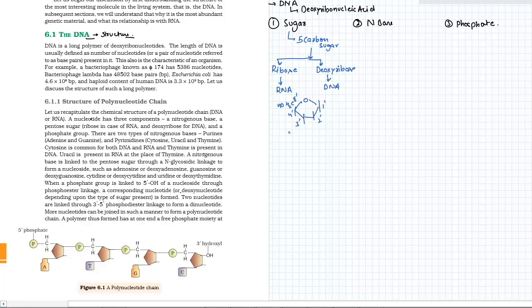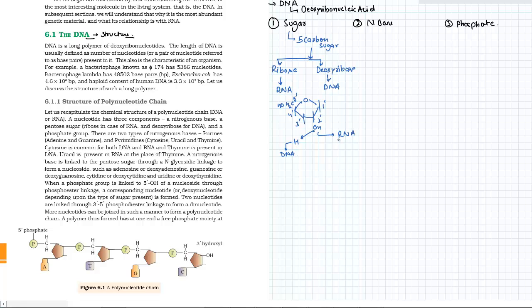So here we have a 5-carbon sugar. If you have OH right here, then it is RNA, and if it does not have OH and only has H, then it is DNA. Well, not exactly 'known as', but this is the integral part, and the form in which it is present defines whether it will be RNA or DNA.